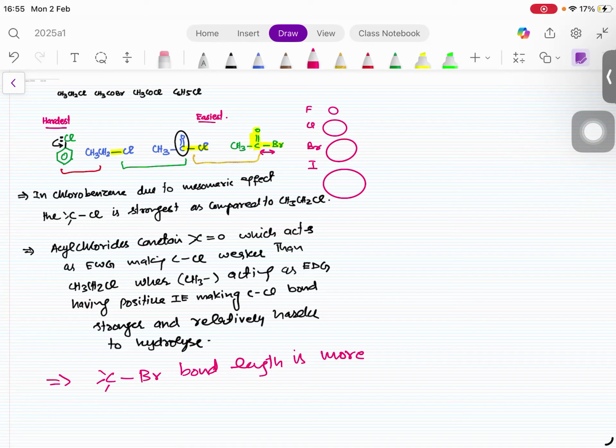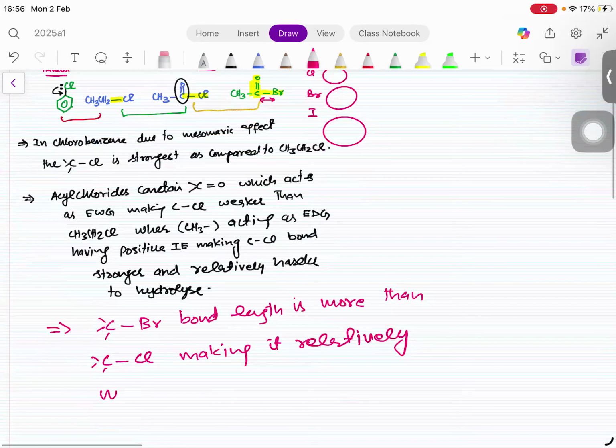Okay, so the C-Br bond length is more than C-Cl, making it relatively weaker bond, so easier to hydrolyze.